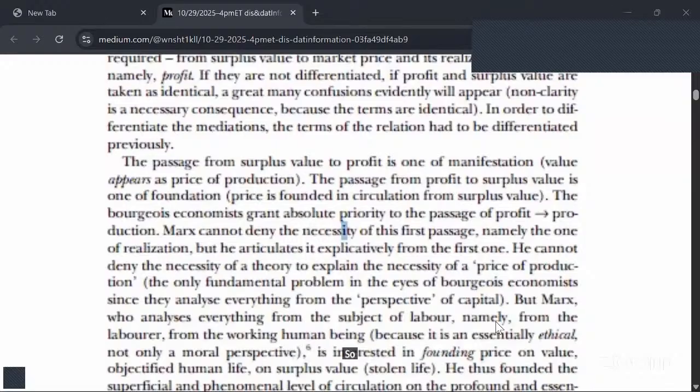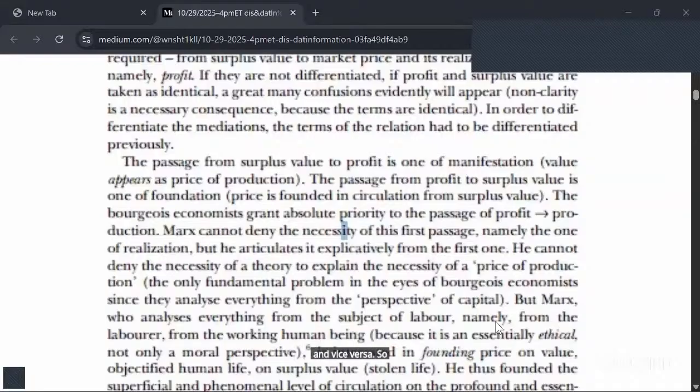So we're kind of looking at this set of mediations between production and circulation, and we're looking at the kind of dynamic movement of price and surplus value and profit, and vice versa.